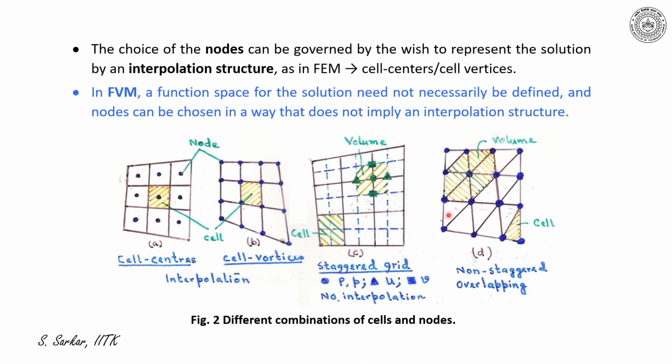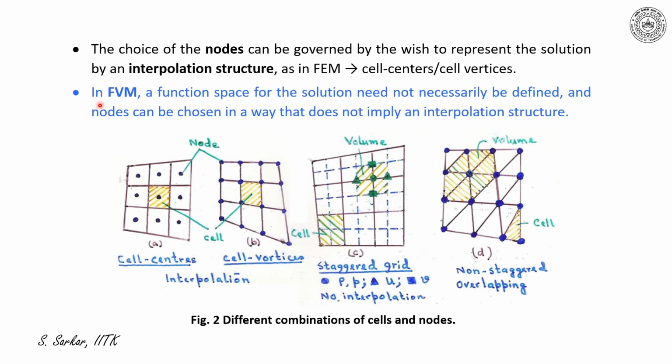Similarly, I have indicated here a non-staggered overlapping cell. Note that the hatched portion is a cell, and these are the points, these are the nodes where variables are stored. By overlapping cells, we can eliminate the need of an interpolation structure also.